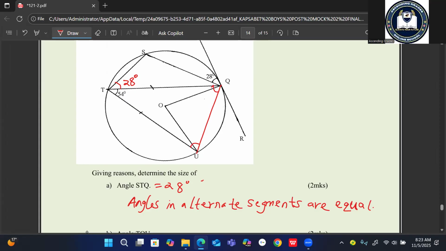So we have 54 here, and the angles should add up to 180.